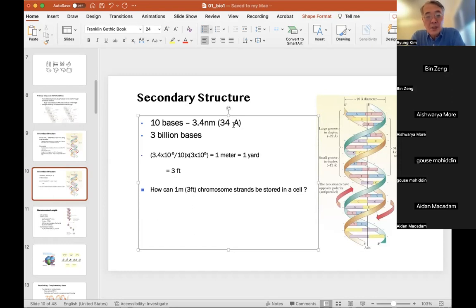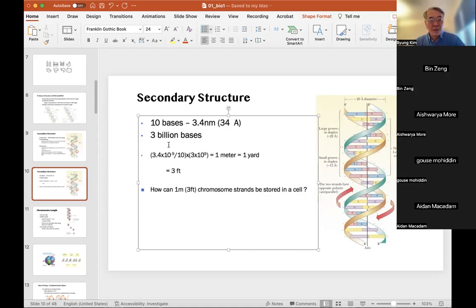In the human genome, we have 3 billion bases in the entire genomic sequence, and obviously they are divided into 24 chromosomes. Each chromosome will be much smaller, but altogether, if you stretch them out next to each other, you'll have 3 billion bases.